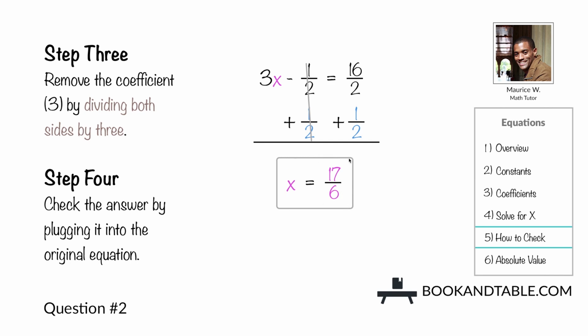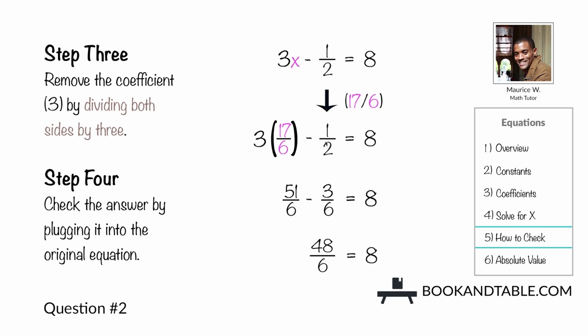And then finally, step 4, we check the answer by plugging it into the original equation. 3x minus 1/2 is equal to 8. So we plug in 17 over 6 here in place of x. 3 times 17 is 51 divided by 6. You must also convert this fraction to a common denominator now so that we can combine these two terms.